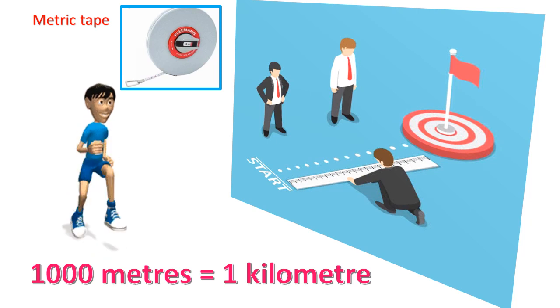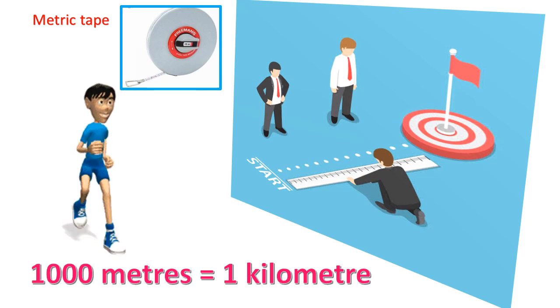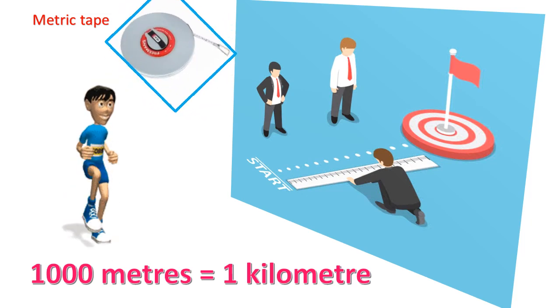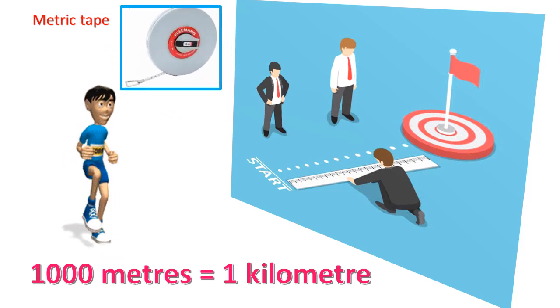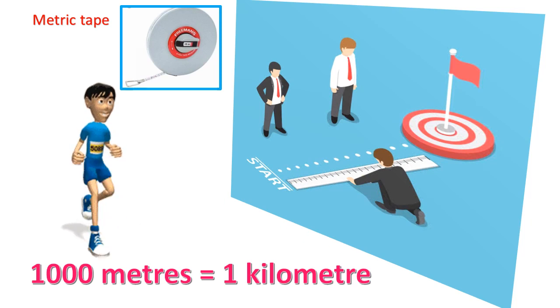We all have seen the running races of 100 meters, 200 meters, 400 meters. What must they have used to measure the running track of the race? Yes, a measuring tape. We get tapes of different lengths, that is 1 meter, 1.5 meters, 5 meters, 10 meters, 15 meters, 30 meters, 50 meters, 100 meters, and so on.